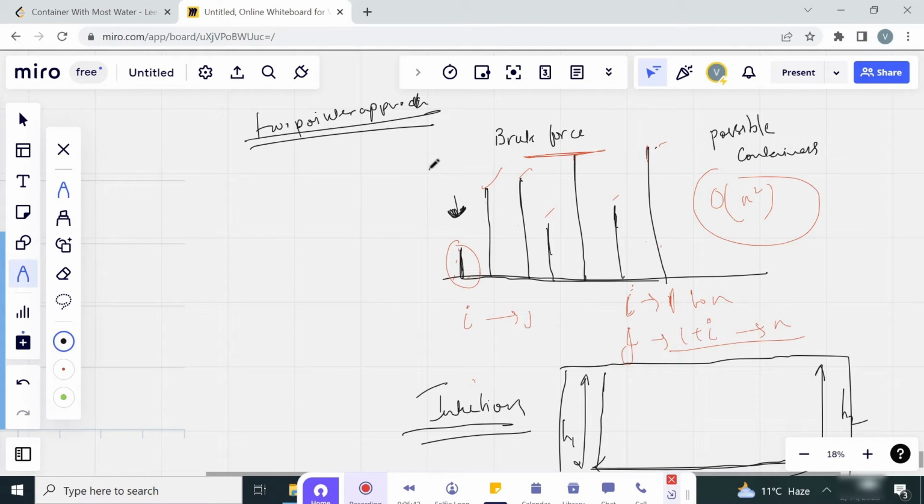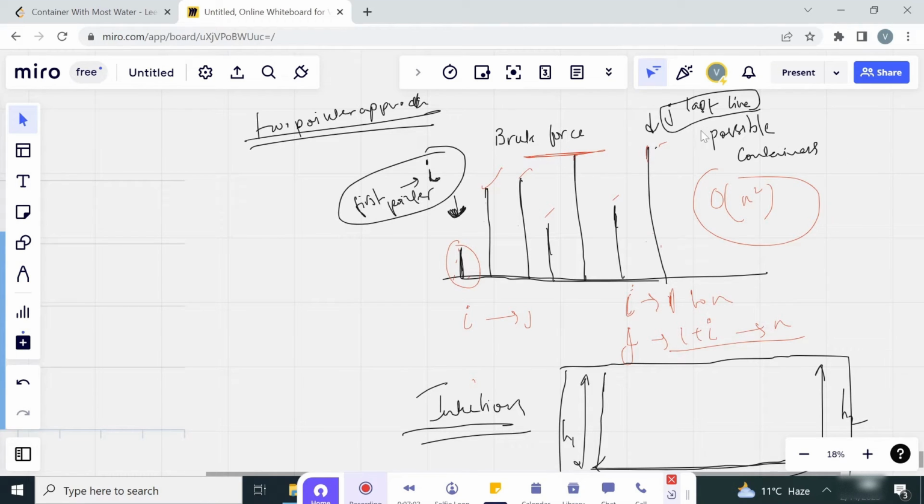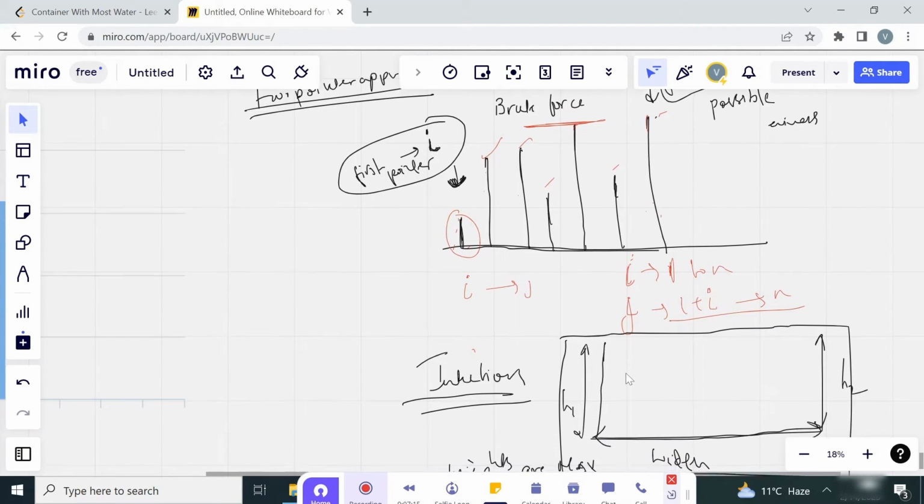This will be our first pointer, let's say i, and j will be the last pointer, pointing to the last line. Why are we taking two pointers? So that we have the maximum width at least.